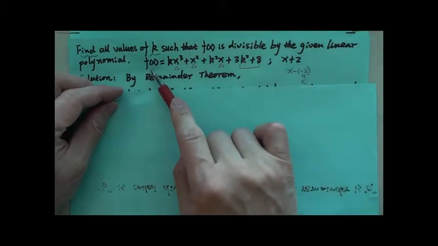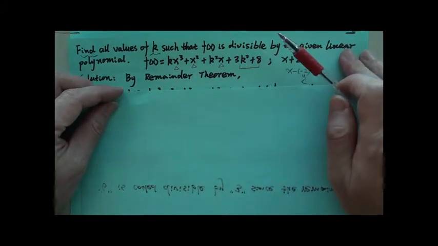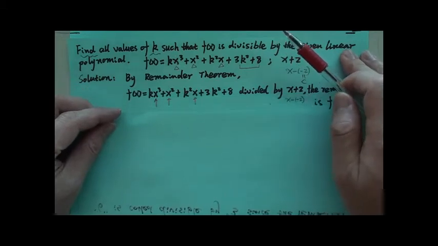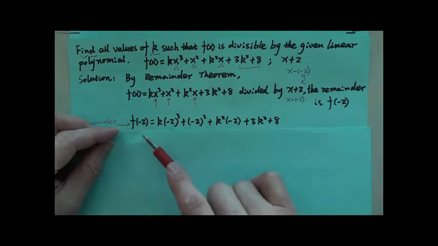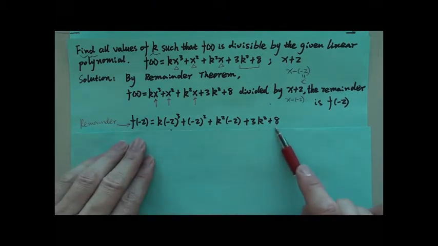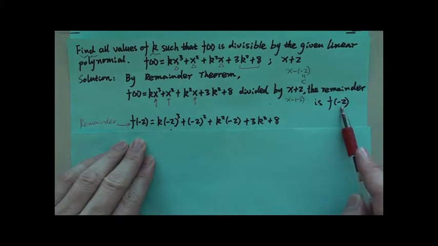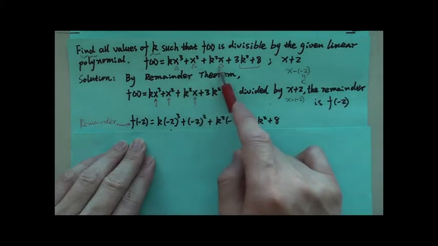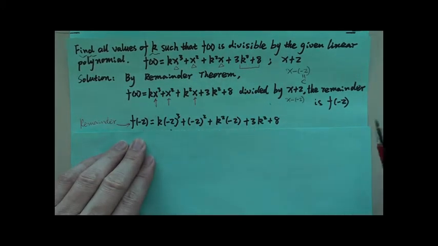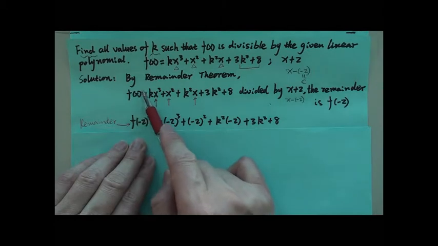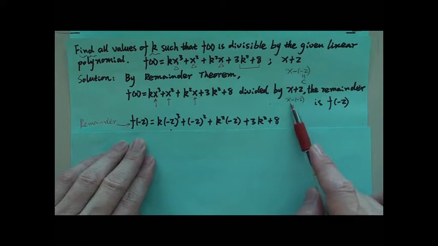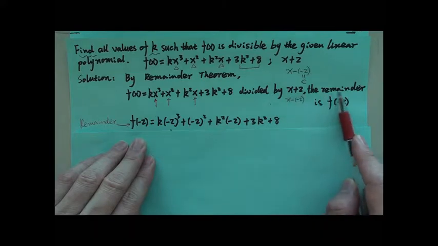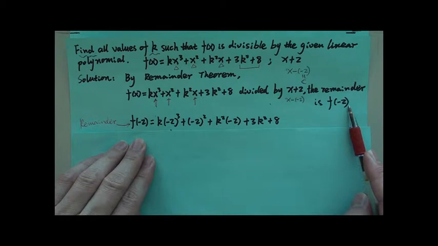We know this is the given f of x, a polynomial. If we plug in negative 2, then we get the remainder. Because f of x divided by x plus 2, which is like x minus negative 2, has remainder f of negative 2.